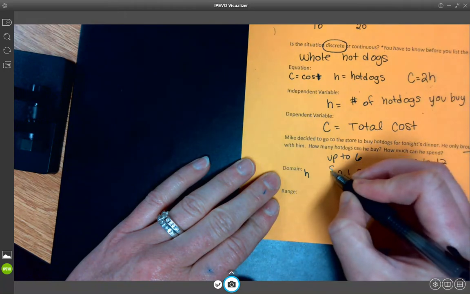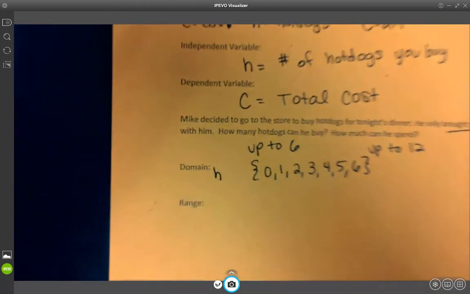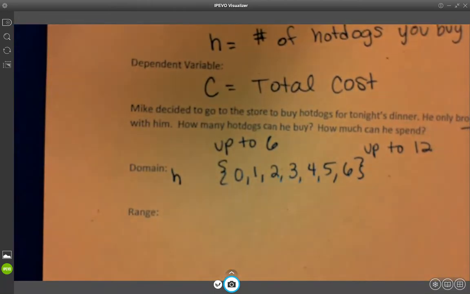You put the little curly brackets around it. So if it's discrete, you would just make a list. If it was continuous, we'd write it as that inequality.